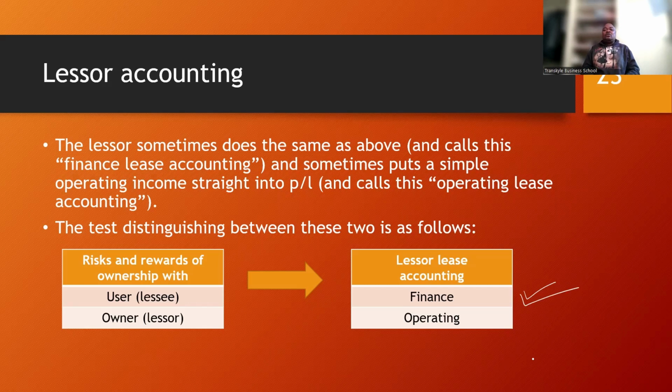But if the risks and rewards associated with this remain with the owner, then the lease is an operating lease. The owner still bears the risks, so it is an operating lease.